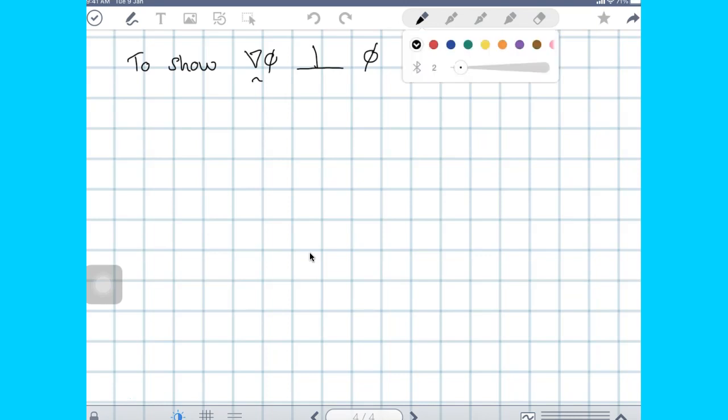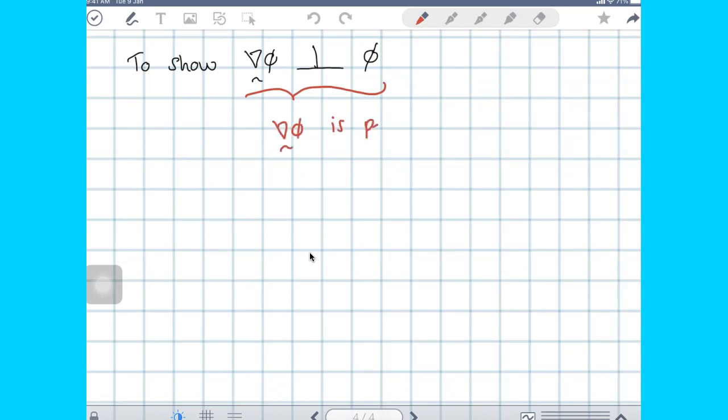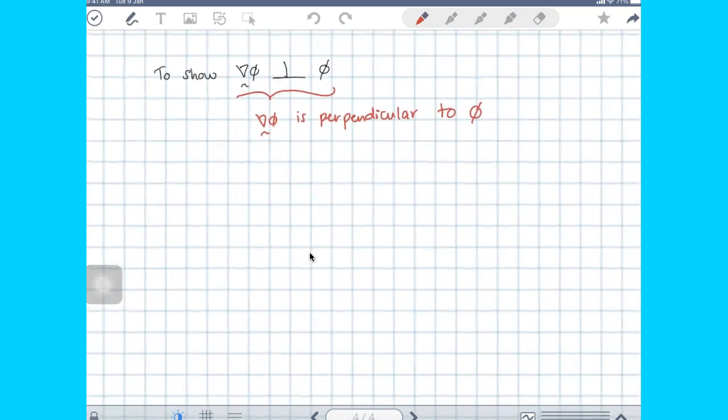So in this case, to show the gradient phi is always perpendicular to the surface phi, which means that this symbol is saying that the gradient phi is orthogonal, perpendicular to the surface phi.